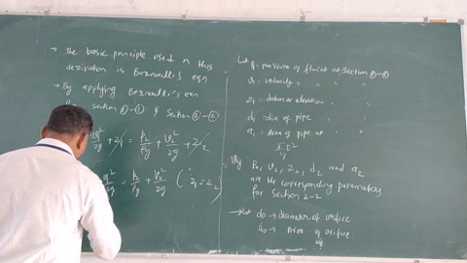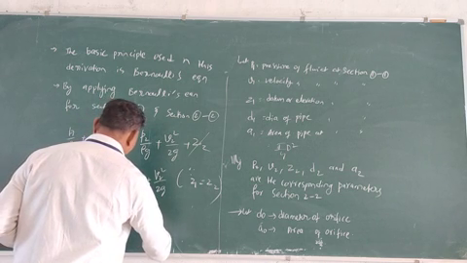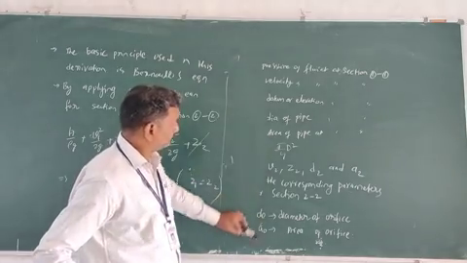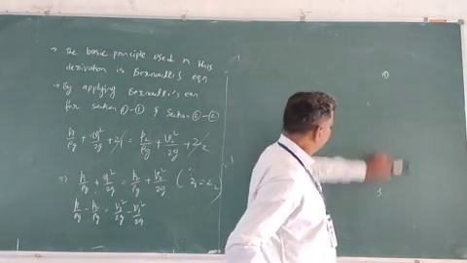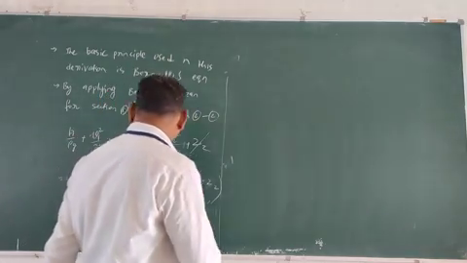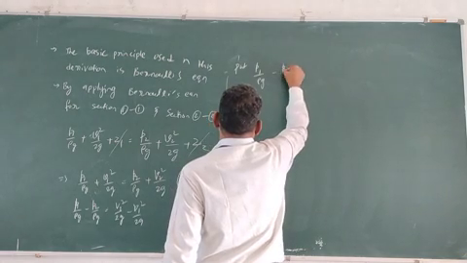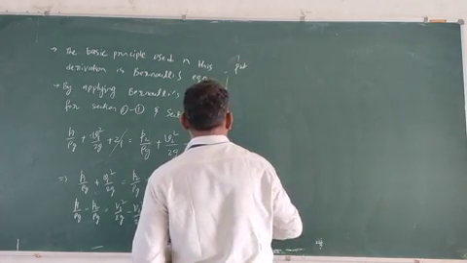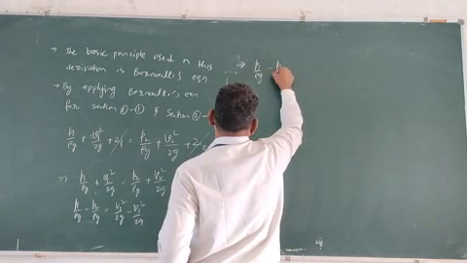P1 by rho g minus P2 by rho g is equal to V2 square by 2g minus V1 square by 2g.